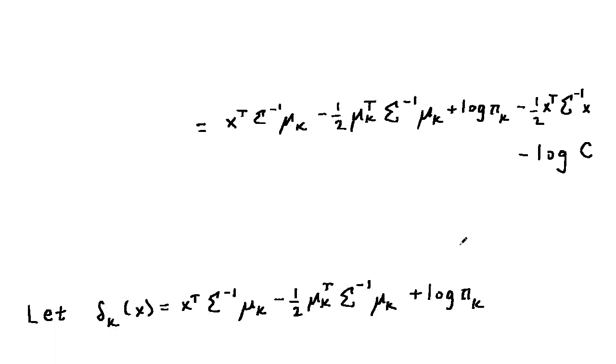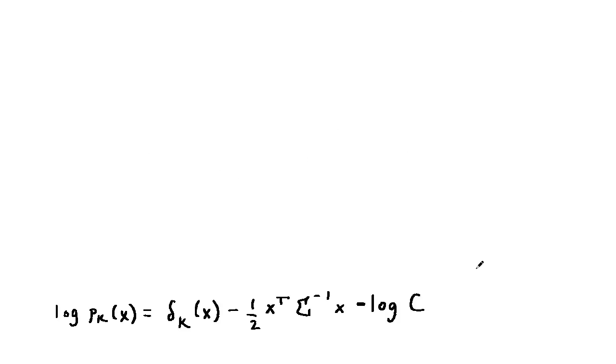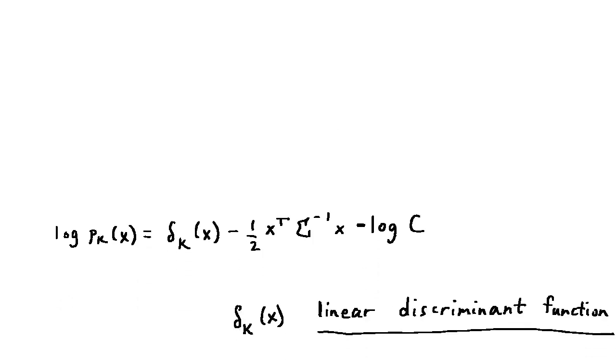Let delta sub k of x be the first three terms here. Then log of p sub k of x is delta sub k of x plus this stuff. Delta sub k of x is called a linear discriminant function.